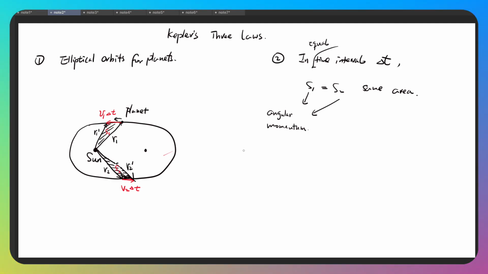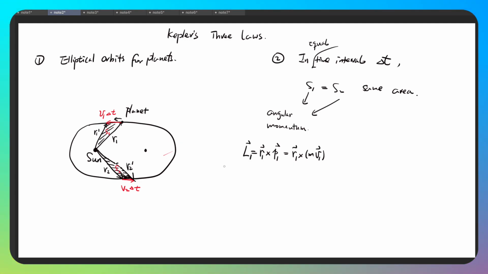So remember the angular momentum definition, right? L equals R cross product the linear momentum, or cross product mv. Now at location 1, I will write down R1 cross P1, so that's R1 cross mv1.